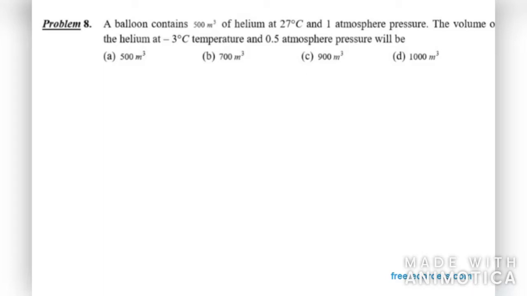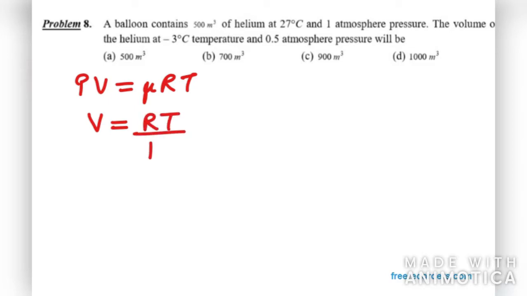Again, we have two different sets of quantities. So let us look at how V is dependent on T and P. As you know, again, PV is equal to mu RT. So we need to find volume. So volume is dependent on R, T and P, that is mu R times T over P. So mu is common to both.